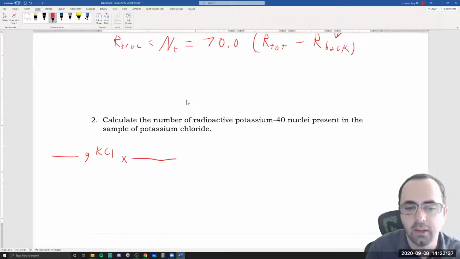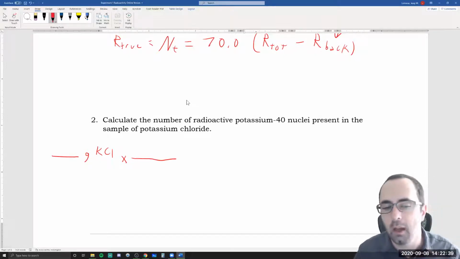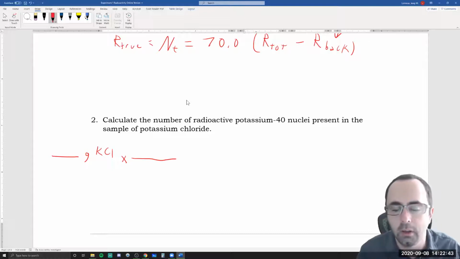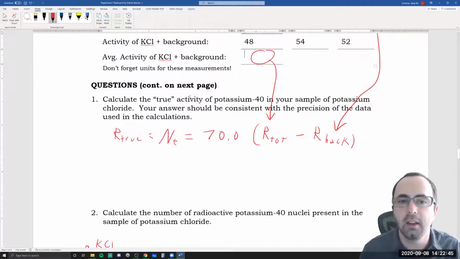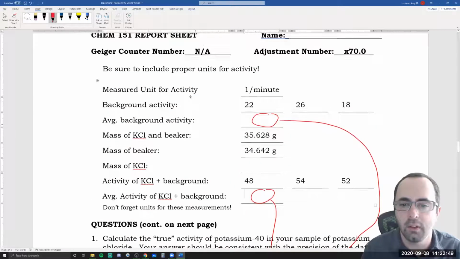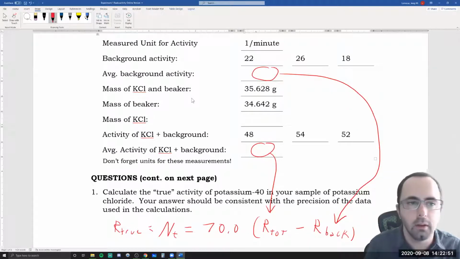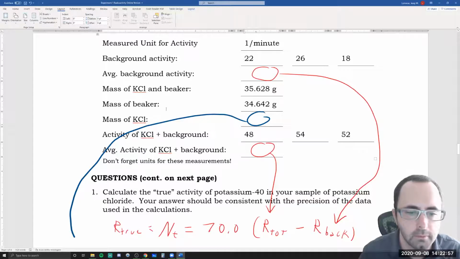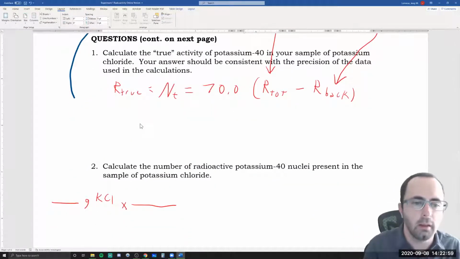So first we're going to have to find out how many of these we've got. There are different ways that you can do that, but we're going to take this mass of KCl. Where's the average mass? That's going to be right here. I'll use a different color. Right here, going down here, right in there.